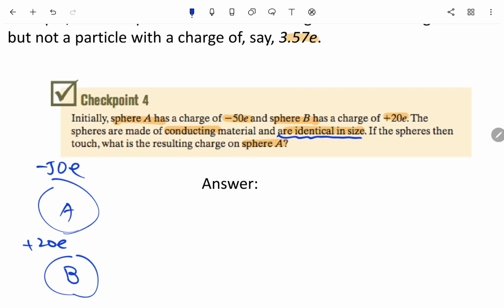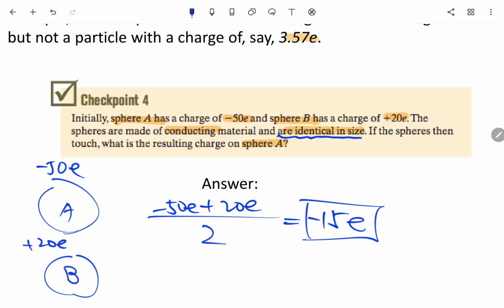So the resulting charge on sphere A will be negative 50e plus 20e, the total amount of charge in this system, and then half of this charge goes to sphere A, and the remaining goes to sphere B. So divide by 2, which is negative 15e. Negative 15e on both sphere A and sphere B.